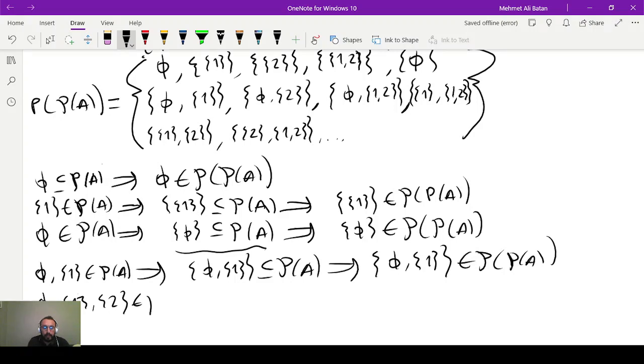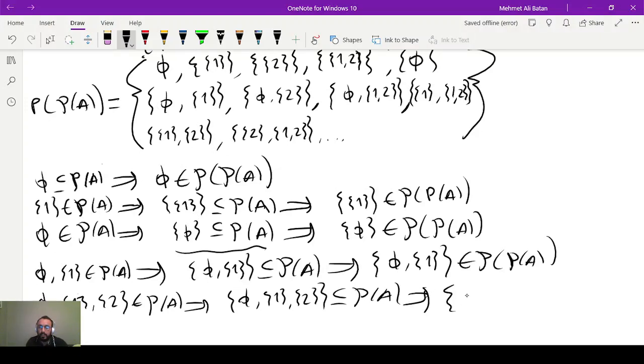These are all elements of the power set of A, which implies the set which contains these three elements is clearly a subset of the power set of A, and this implies, thanks to the definition, that the set with the empty set, 1, 2 is in the power set of A. So let me write it also.